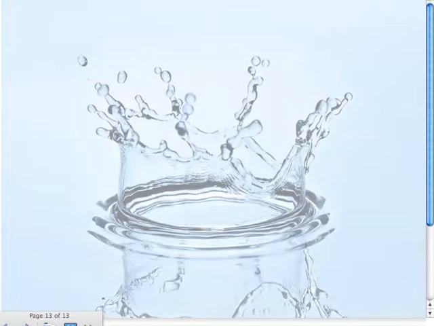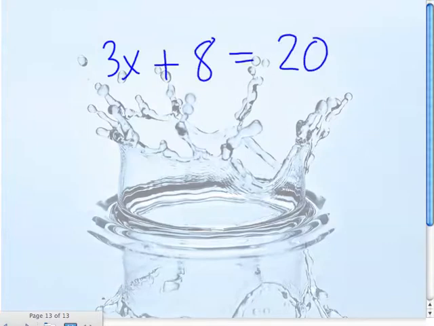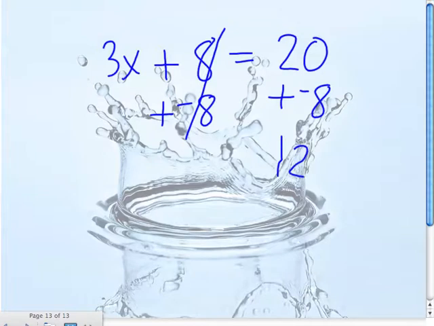The main thing with two-step is just you're doing the exact same steps, it's just knowing what order to do them in. So if I have a problem, 3x plus 8 equals 20, for example, the first step is always going to be adding the opposite. So I'm going to add the opposite of the add-in, add negative 8 to cancel out that 8, add negative 8 to this side. So on the right side, all I have left is 12.